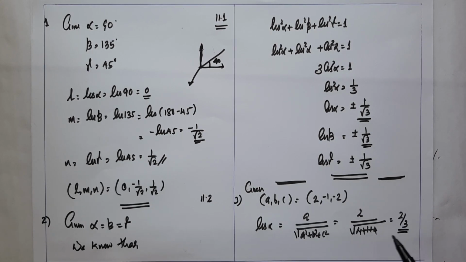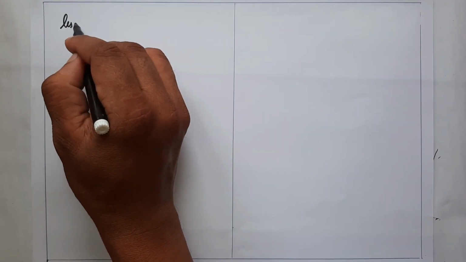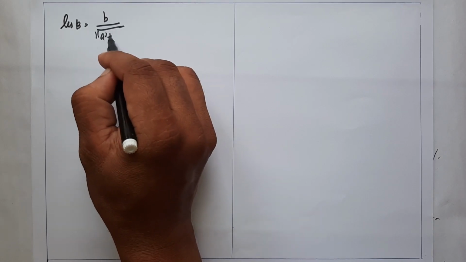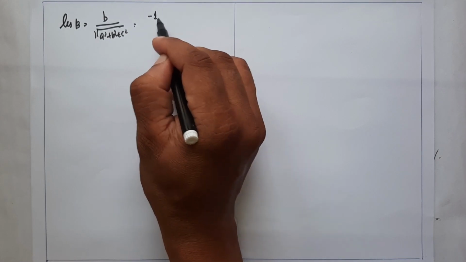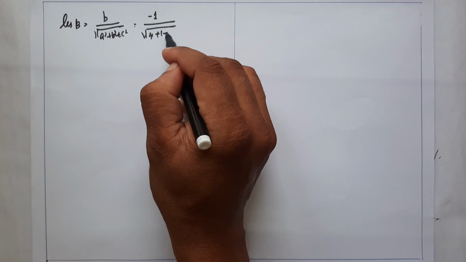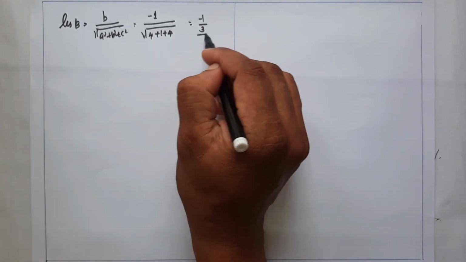That equals 2 by 3. Similarly, cos beta is equal to, using the formula b by square root of a square plus b square plus c square, the corresponding value minus 1 divided by square root of 2 square plus 1 square plus 2 square, which is minus 1 divided by 3.